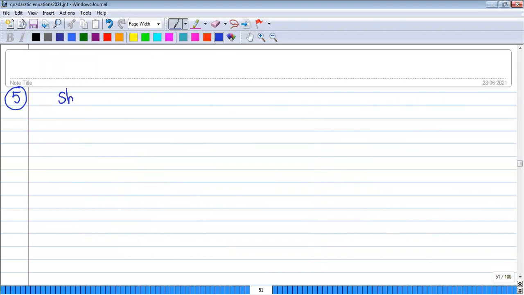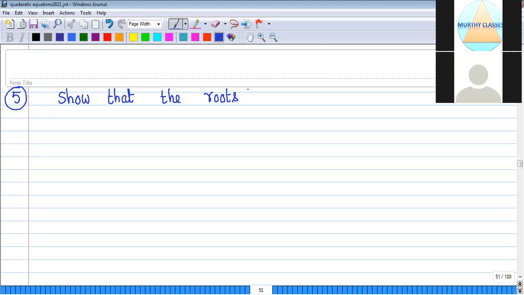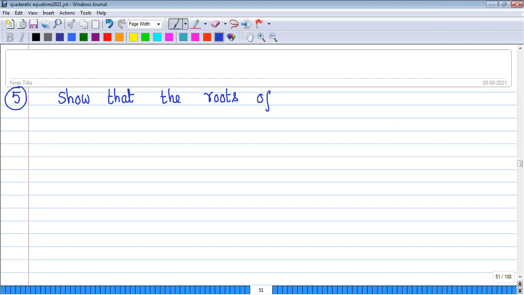Show that the roots of x minus a times x minus b equals to c square are always real.